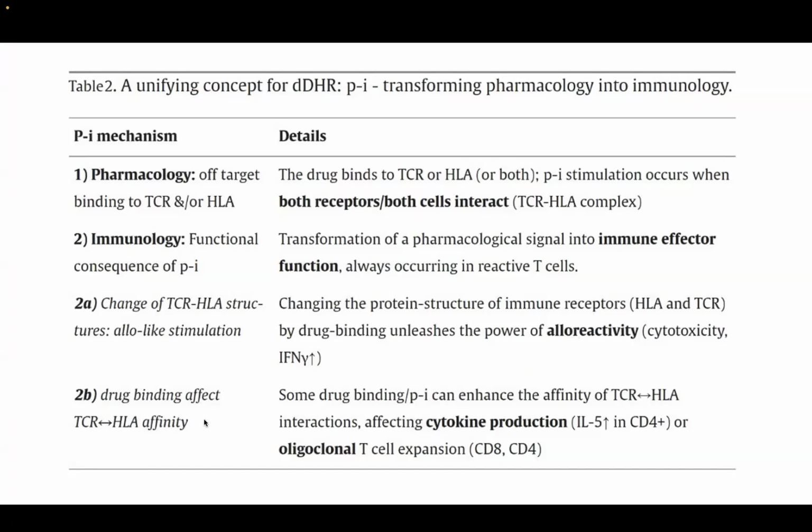Additionally, we have this increased affinity of the HLA to the TCR and vice versa. So PI drug binding can enhance the affinity of the TC receptor and HLA interaction, affecting cytokine production. Those cytokines include interleukin-4 in CD8 and interleukin-5 in CD4, or oligoclonal T cell expansion, either CD4 or CD8.